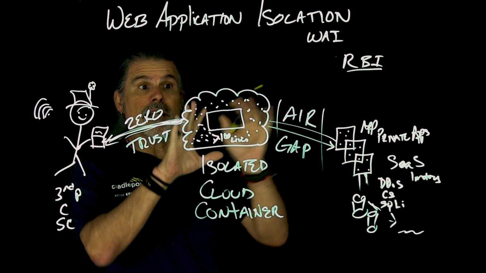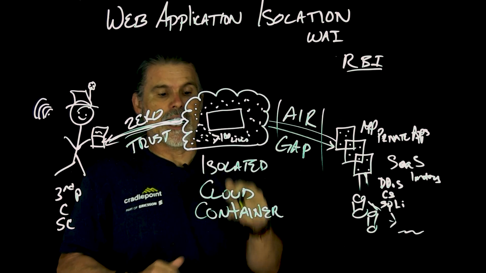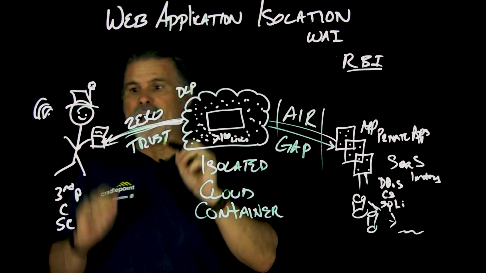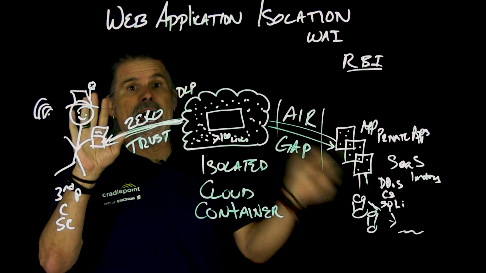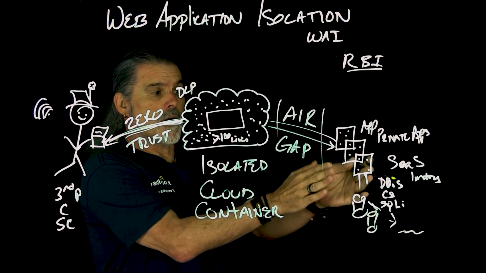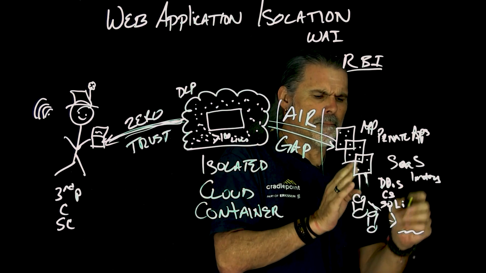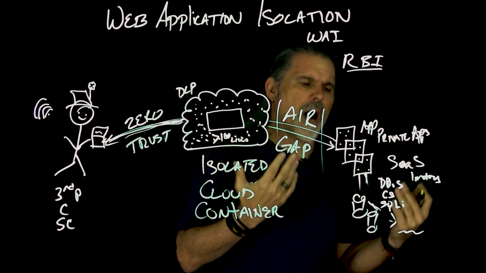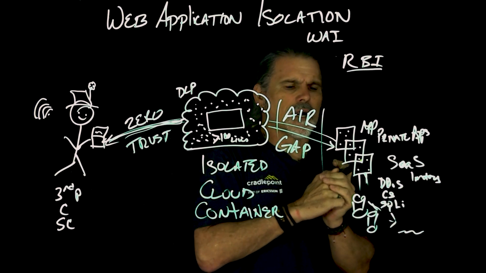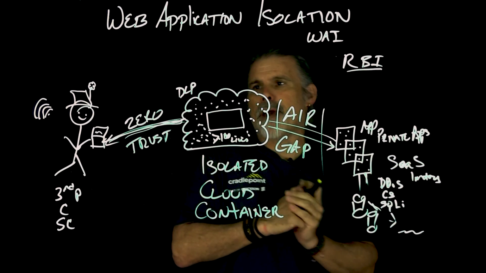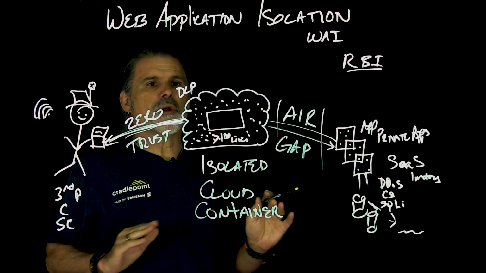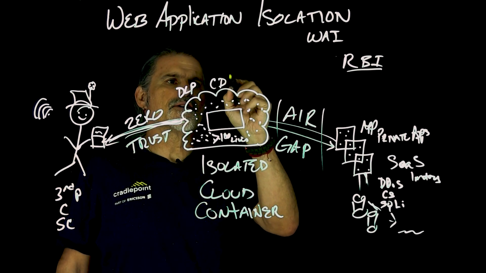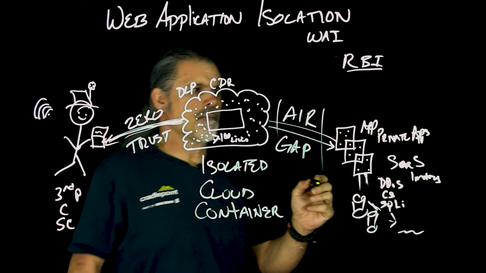Like remote browser isolation, we have a lot of control within this isolated cloud container. And so we're talking things like data loss prevention, controlling what they can or cannot upload over here. If you think about supply chain and inventory, they may need to enter quantities or prices or locations for delivery, whatever that may be. And you can control all that. Data loss prevention, also CDR, so sanitizing any files.